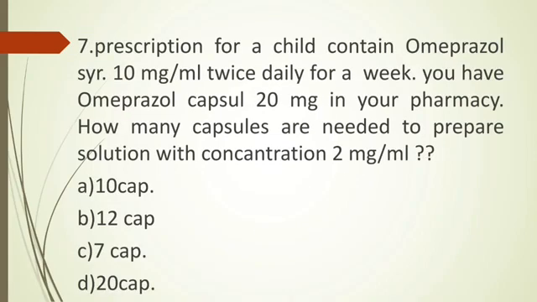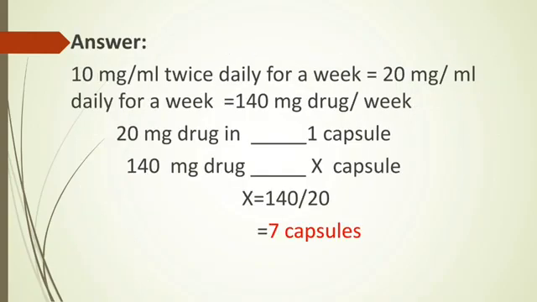As I said before, this question is a little bit big, but the answer is very easy to find, because we have to calculate the total dose required for a week, and then calculate how many capsules are required to fulfill that dose.